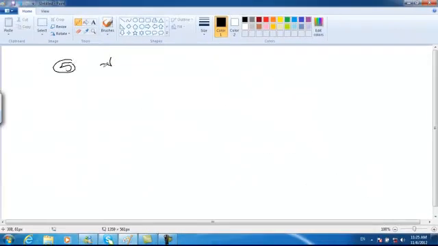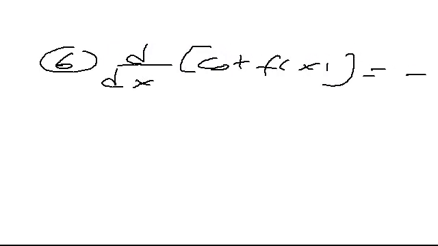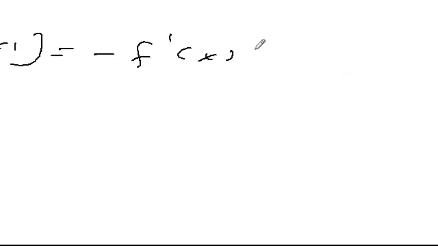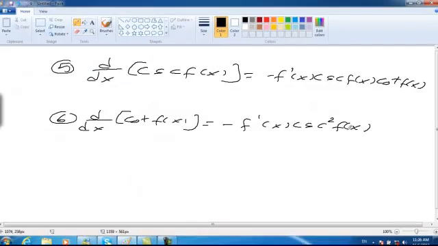Number 5, d by dx cosec f of x equals minus f dash of x cosec f of x cotan f of x. Number 6, d by dx cotan f of x equals minus f dash of x cosec square f of x.